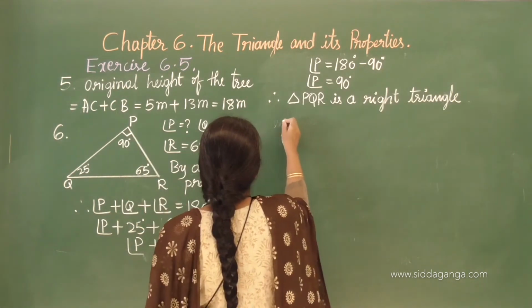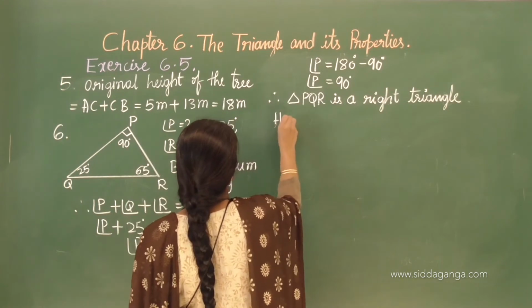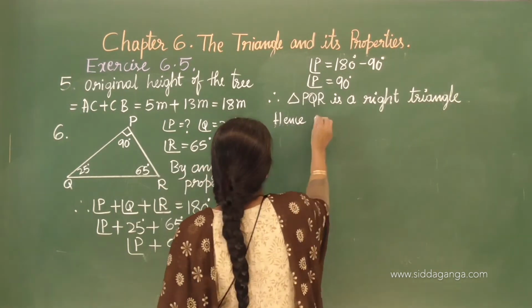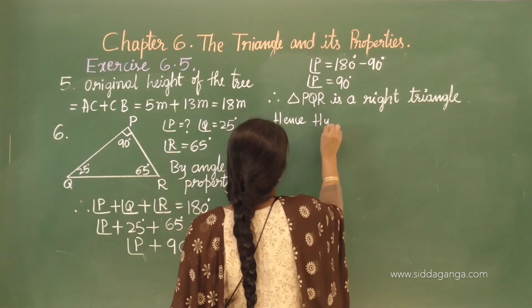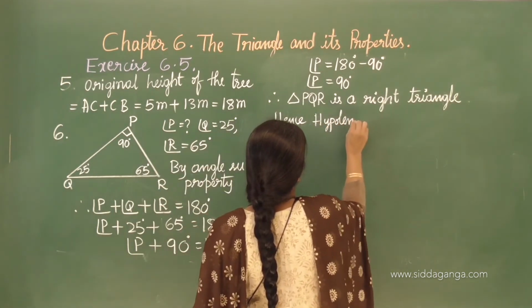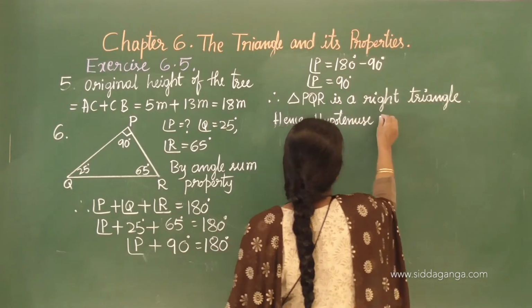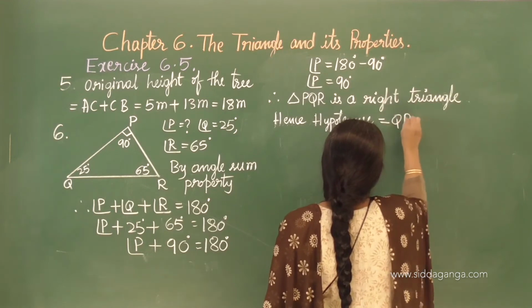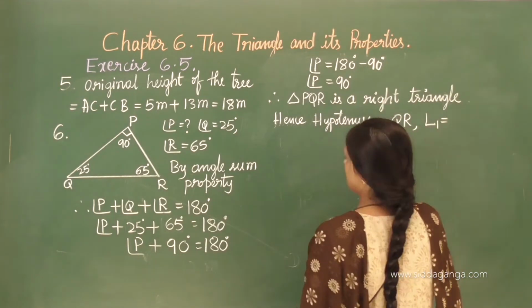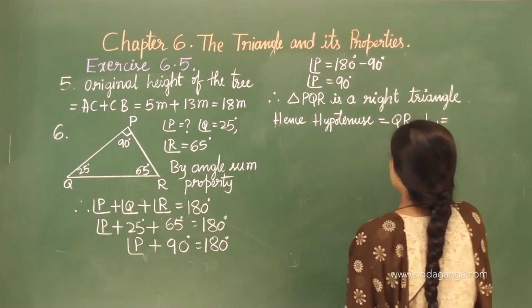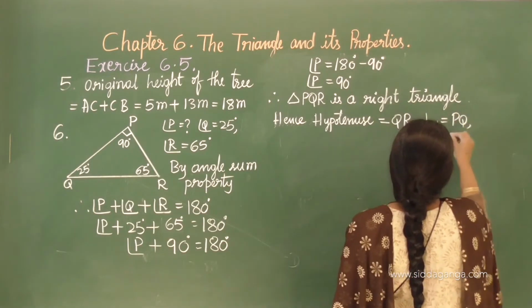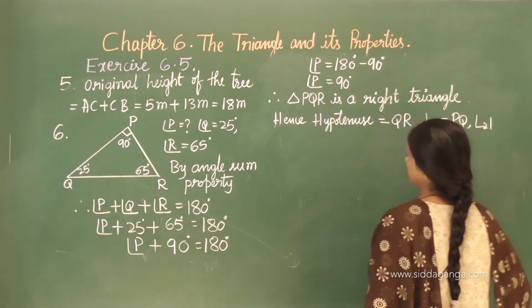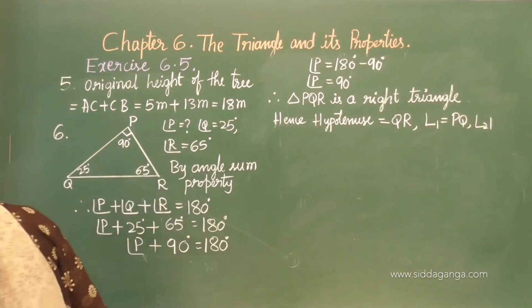Hence we can consider QR as the hypotenuse. Leg 1 we can consider PQ, and leg 2 is equal to PR.